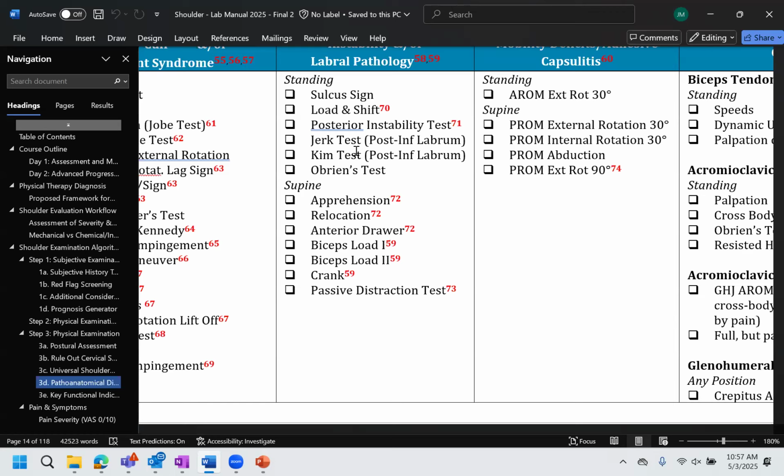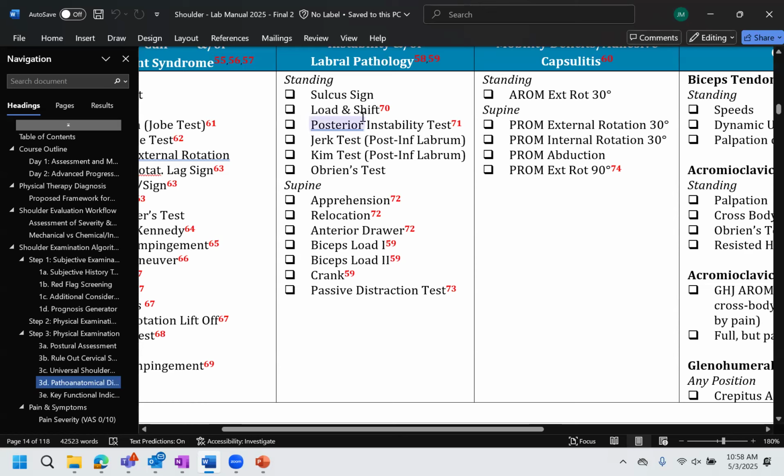So then labral pathologies. I need another volunteer. All right, Maheen, come on up. Perfect, thank you. Again, feel free to get up, move about, and come closer.